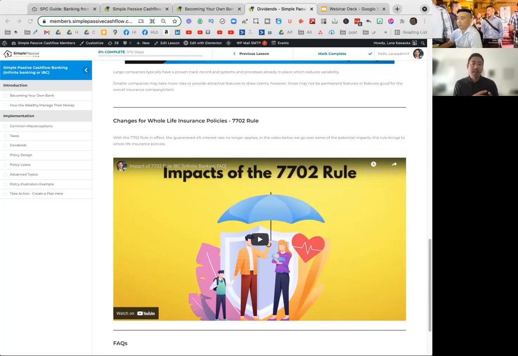That reduction of the guaranteed rate has now allowed companies to be a little bit more flexible. Basically, what we're seeing is that the smaller the guarantee rate, the less death benefit you need for that same targeted amount.